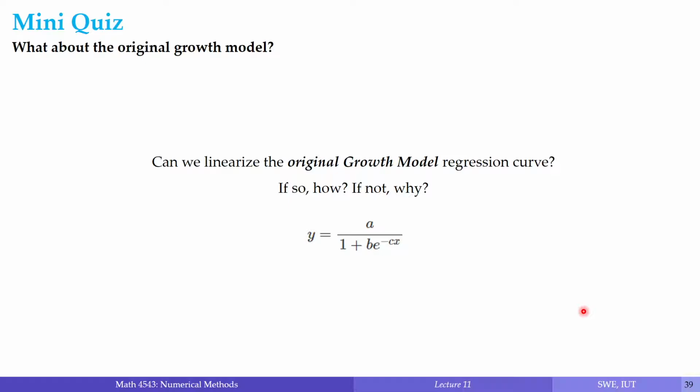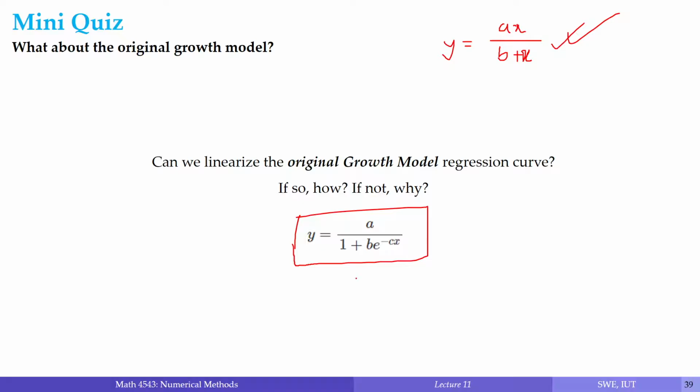Here is a mini quiz for you. What did we do just now? We linearized the logistic version of the growth model, which looks something like this: ax by b plus x. But what about the original version of the growth model, y equals a divided by 1 plus b e to the power minus cx?